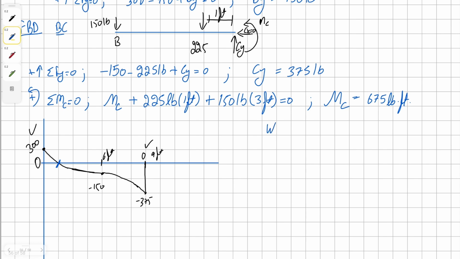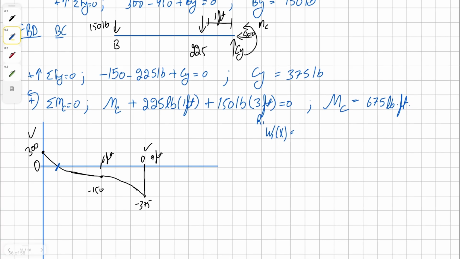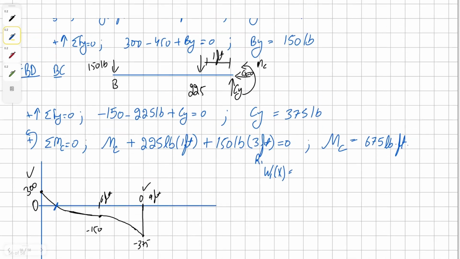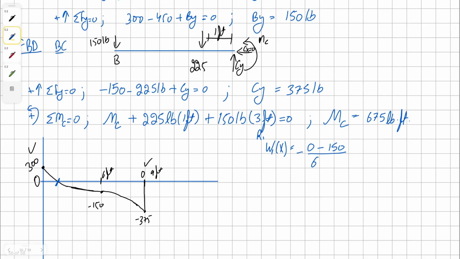Okay, so for this region, which we're going to name region 1, we have our load equation as 0 take away 150 divided by 6 take away 0, times x, plus a constant.